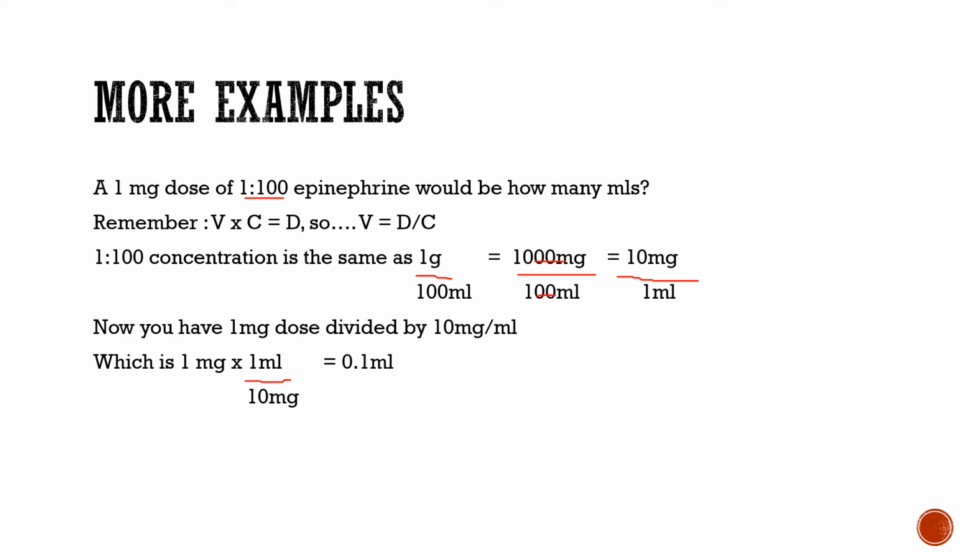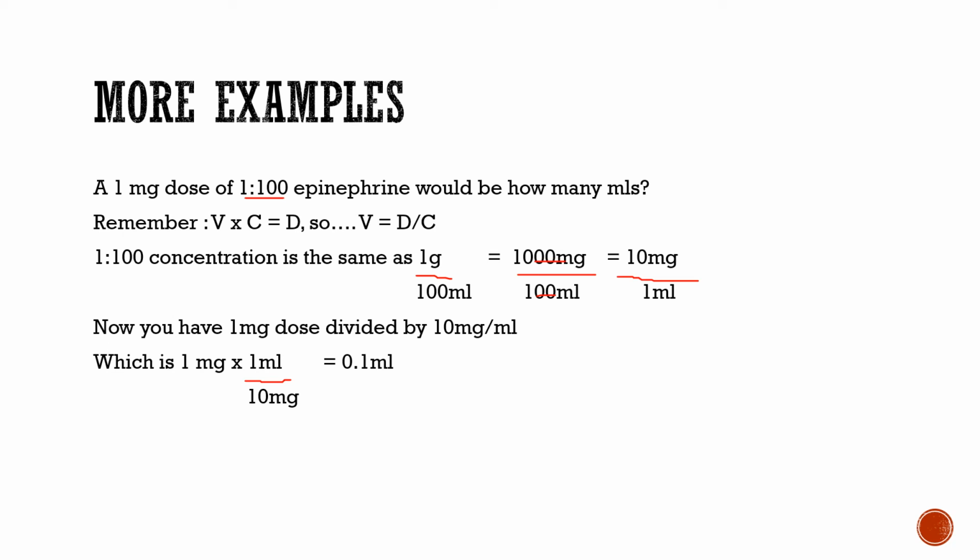So now you have to take basically your dose, your 1 milligram, and divide it by your concentration, which is 10 milligrams per mil.